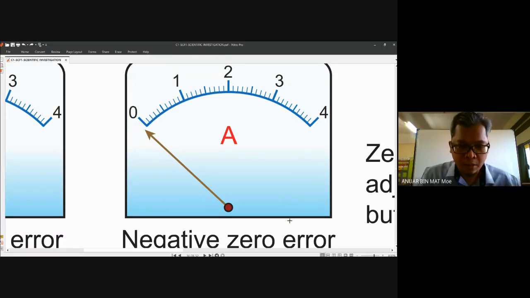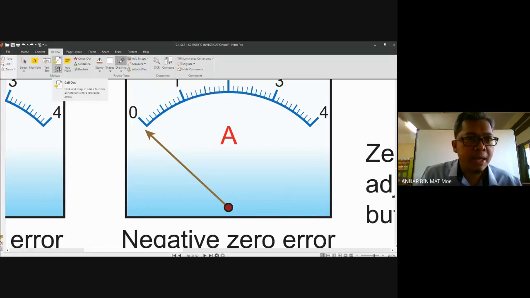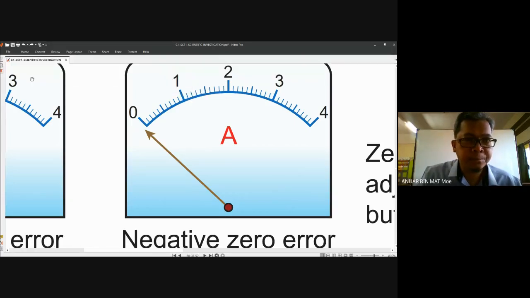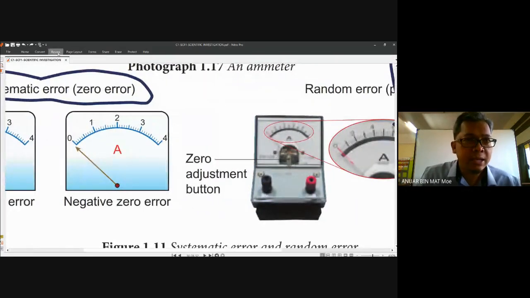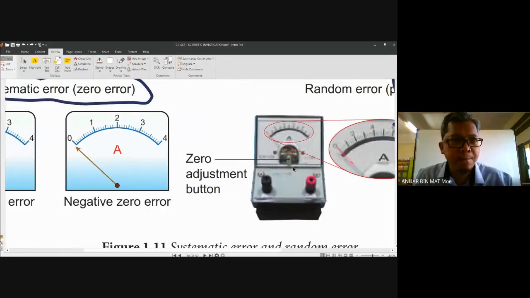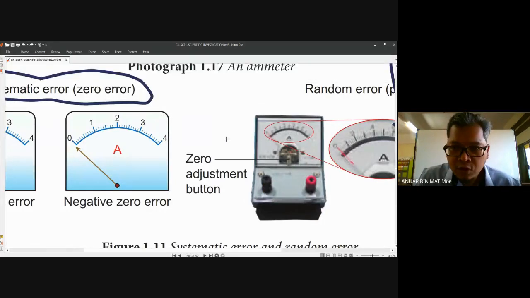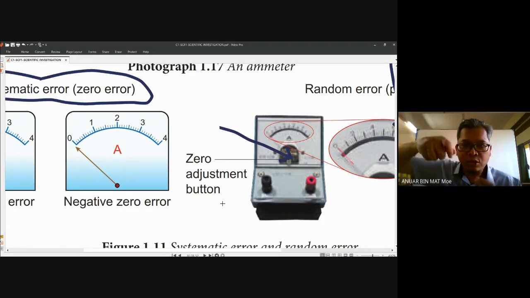If you see here, there is an adjustment actually. This one. On the ammeter we have what we call a zero adjustment button here. By using a screwdriver, you can adjust the needle.